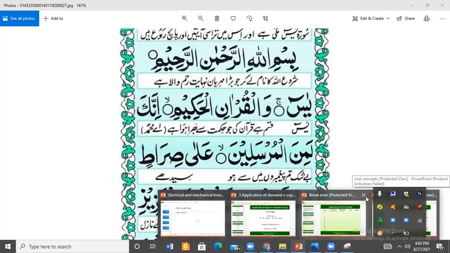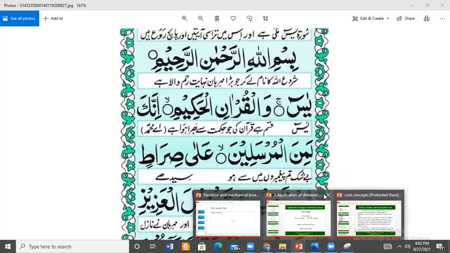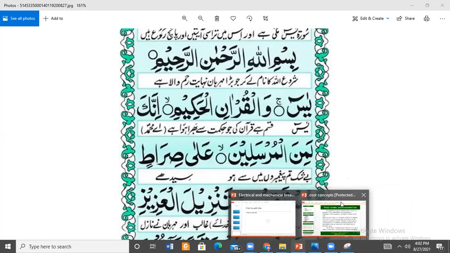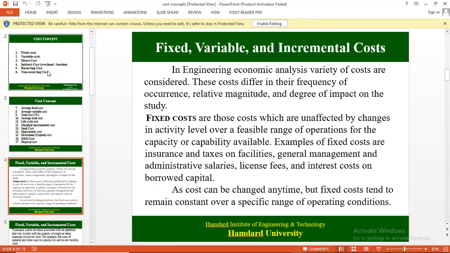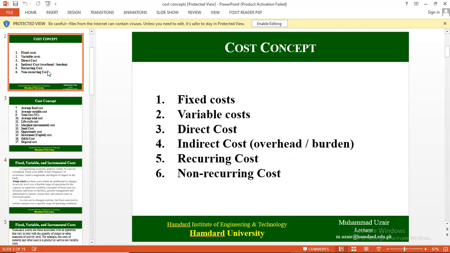So in the previous session, we discussed the concept of cost and how much emphasis it carries. Cost-related aspects include fixed costs, variable cost, direct cost, indirect cost, in which overhead, burden, recurring cost, and non-recurring cost are involved.